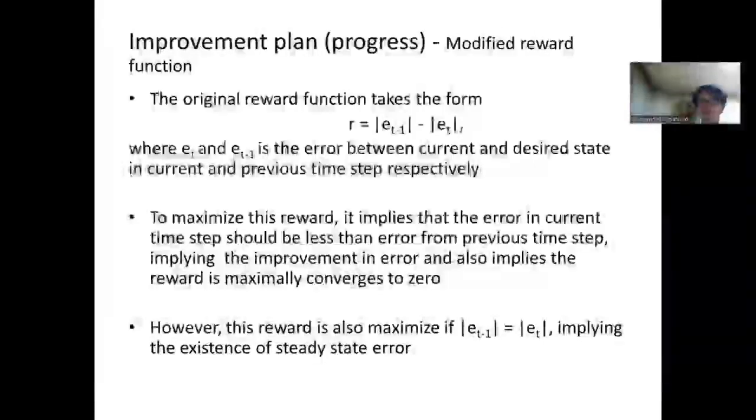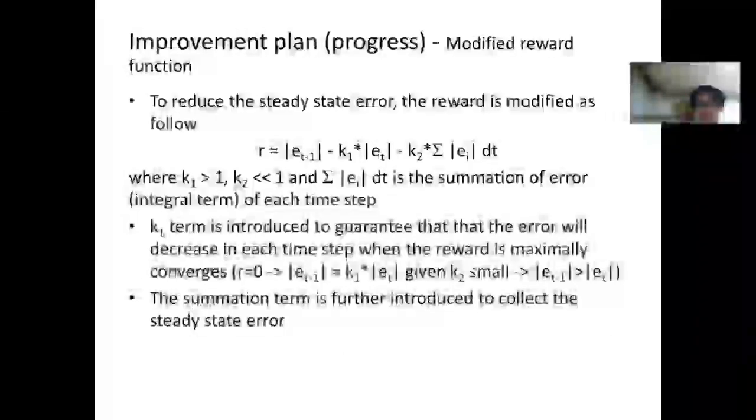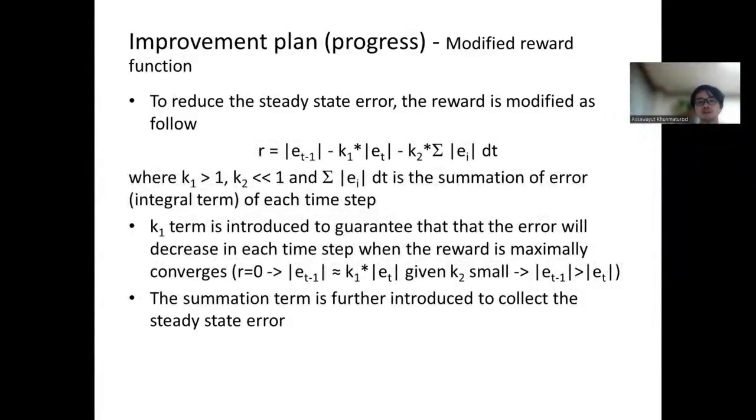To reduce this steady state error, the reward function is modified as follows. In this case, K1 is multiplied to the current error, and we also augmented the summation of the error term from each time step multiplied by a small value K2. The K1 term is introduced to guarantee that the error will converge in each time step when the reward is maximized.